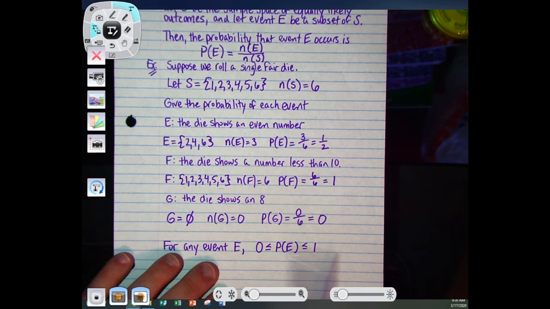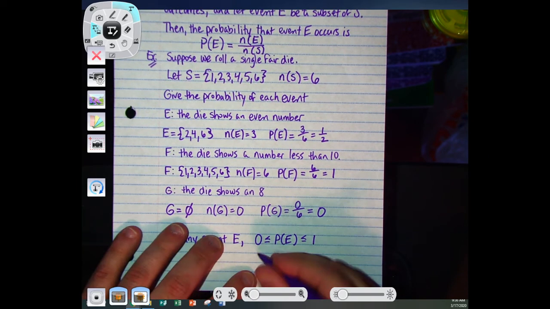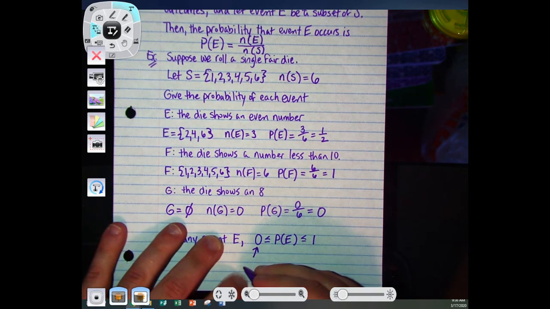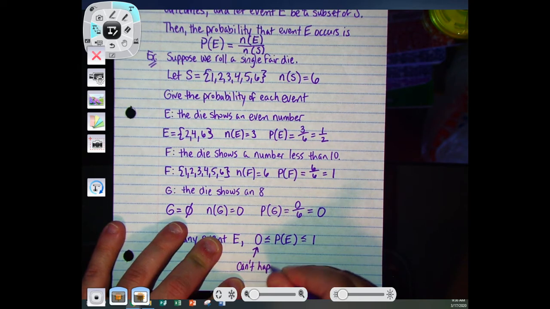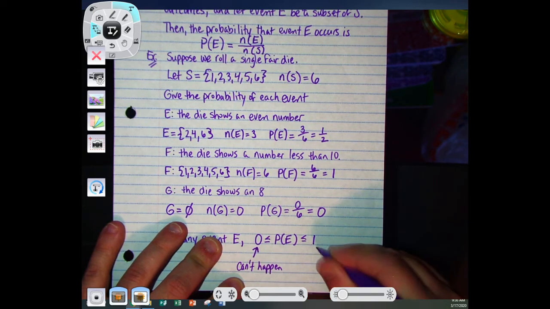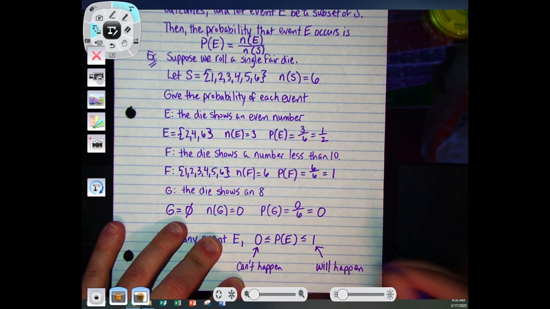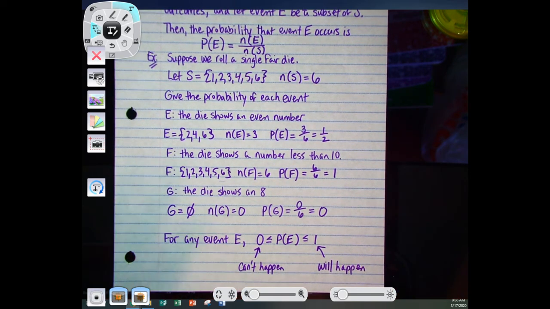The probability of E is always between 0 and 1, where 0 represents that it can't happen, and 1 represents that it will happen. So all probabilities fall between 0 and 1.